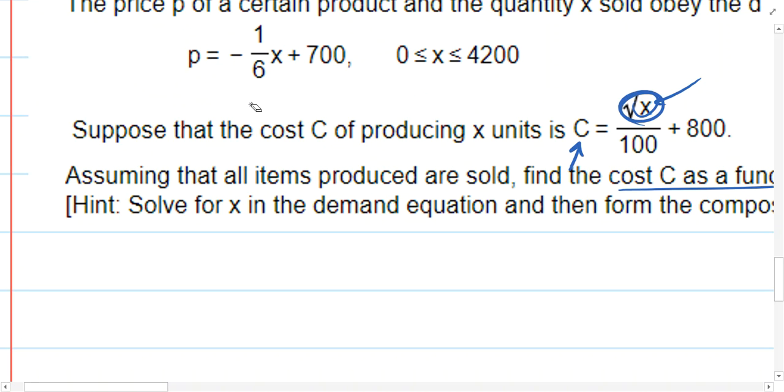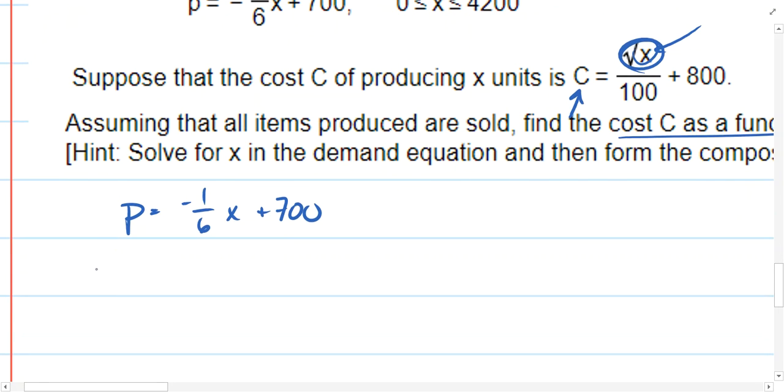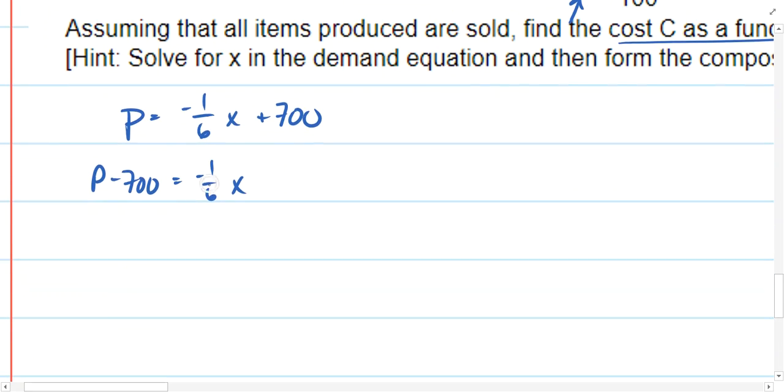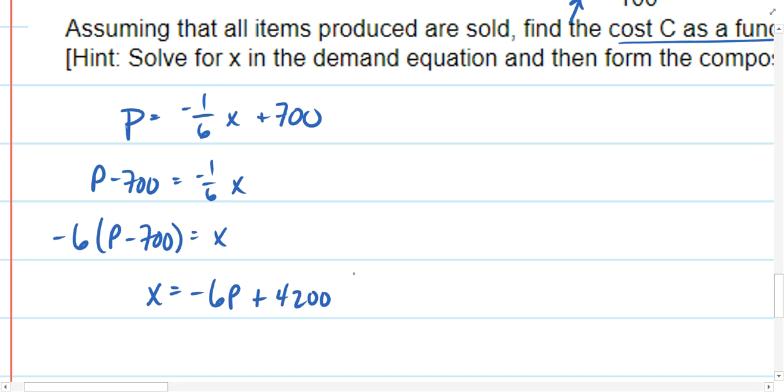So if we take this equation, P equals negative 1/6 X plus 700, we could subtract 700 from both sides, then multiply by negative 6 to eliminate this fraction, and now we have negative 6 times P minus 700 equals X, or in other words, X by itself is equal to negative 6P plus 4,200.